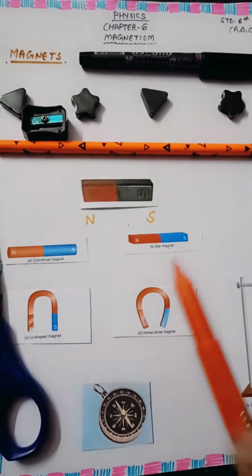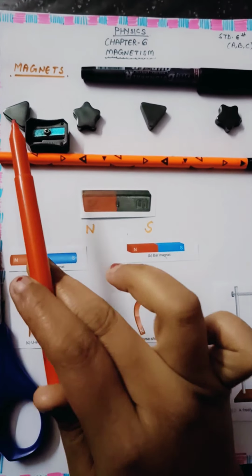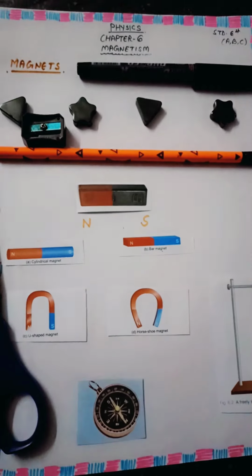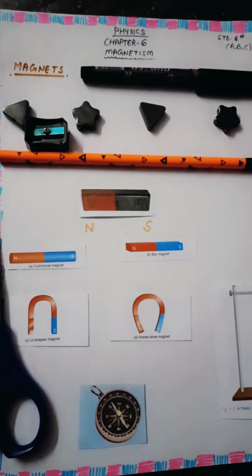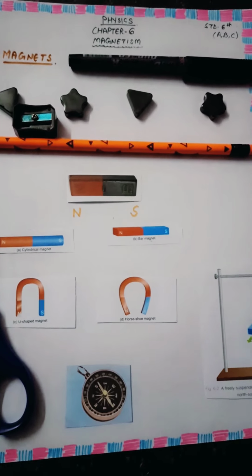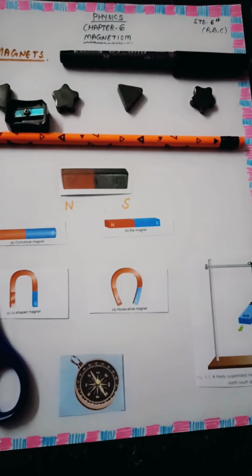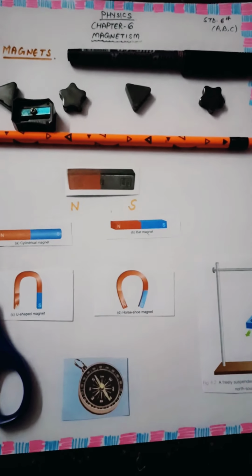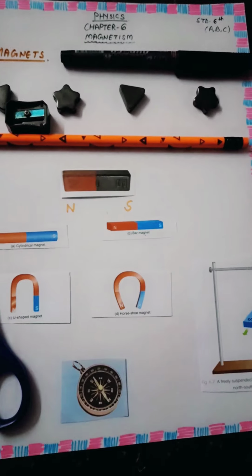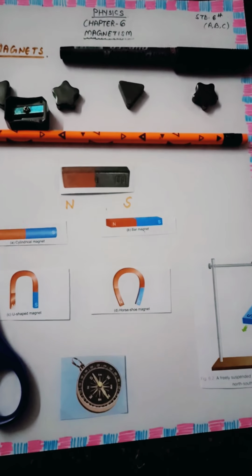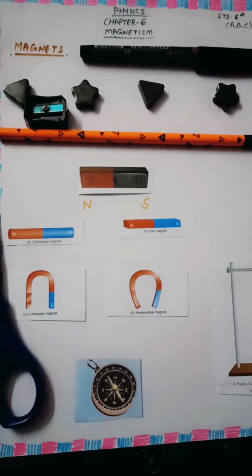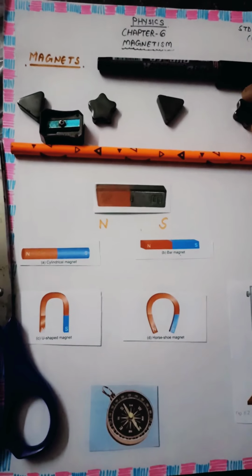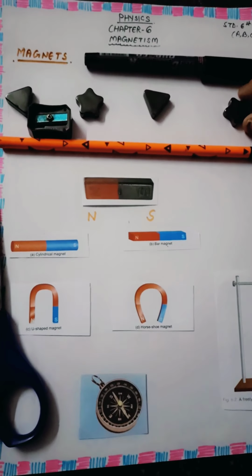I hope you all can see these few magnets that are kept over here. How many of you have actually used magnets or just played with magnets? There are many things that we can easily do with magnets, right? So what is the property of a magnet?